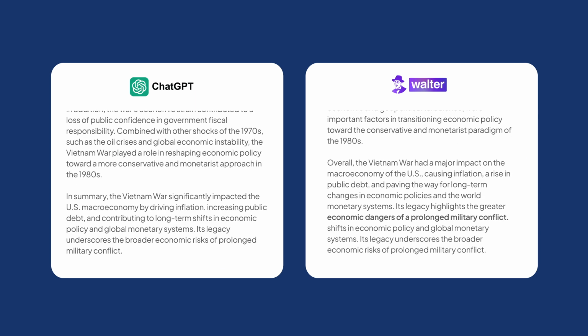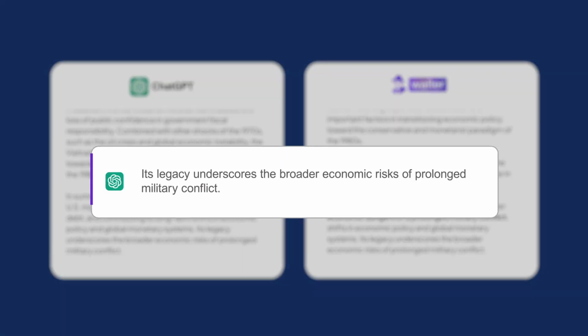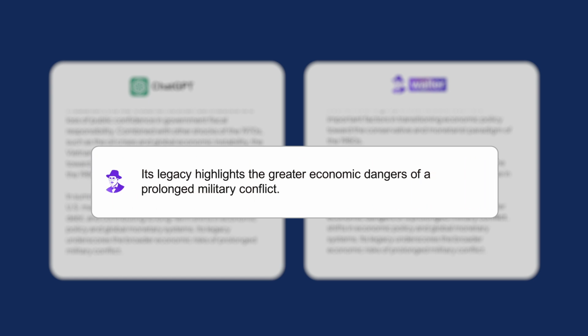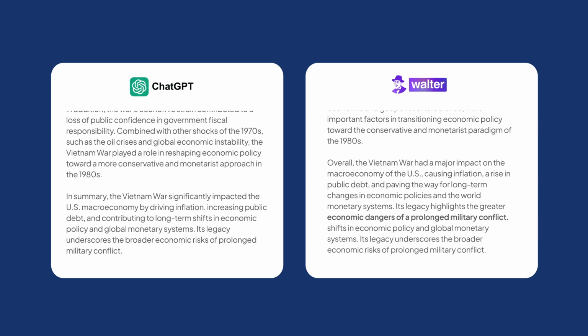Then we'll just take a look at this last sentence. Its legacy underscores the broader economic risks of prolonged military conflict. Then over here we have its legacy highlights the greater economic dangers of prolonged military conflict. So I like how this uses the word dangers instead of risks, because we were just highlighting a lot of those dangers.